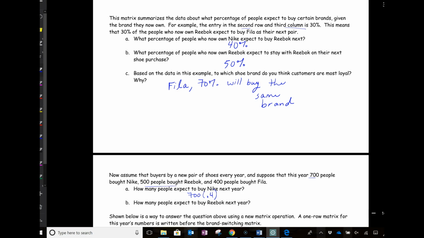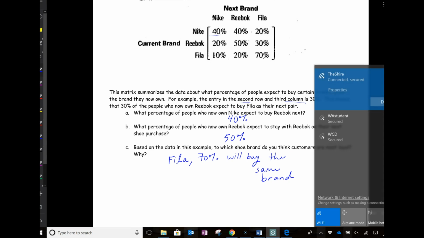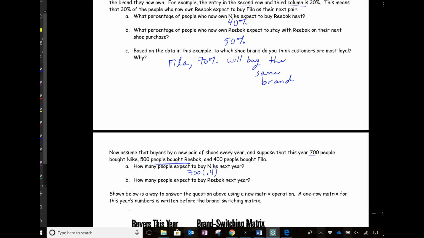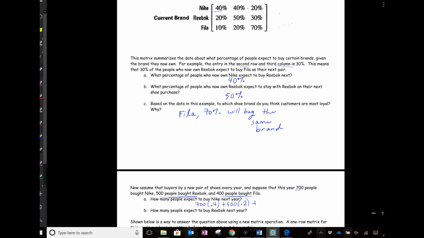So now 500 people bought Reebok. How many out of that 500 people will switch to Nike for the next year? 20%. So I'm going to add that to 500 times 0.2. And it says 400 people bought Fila currently. So how many people out of that Fila category are going to switch to Nike for the next year?